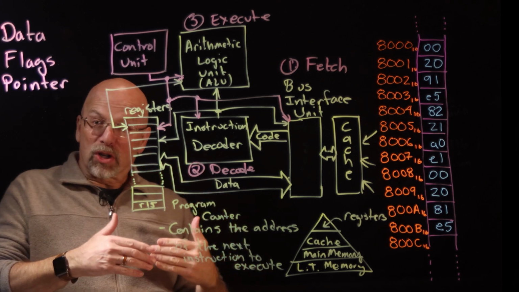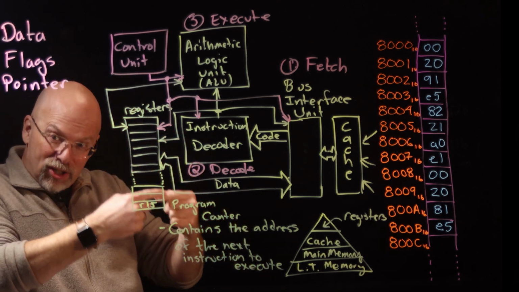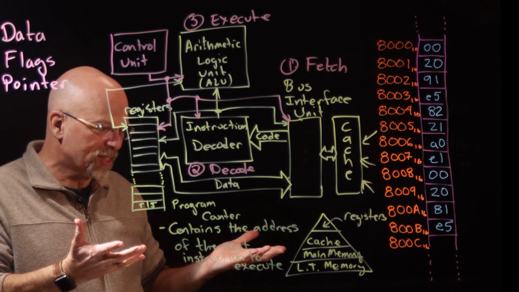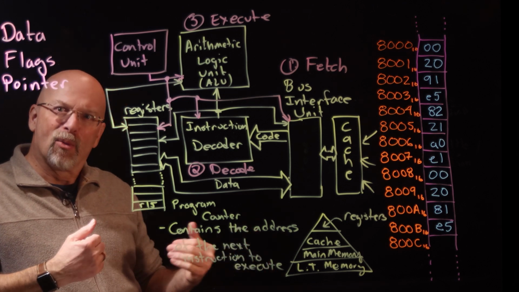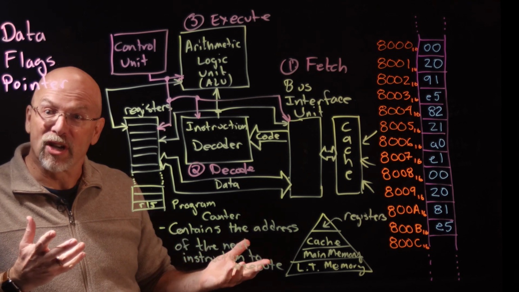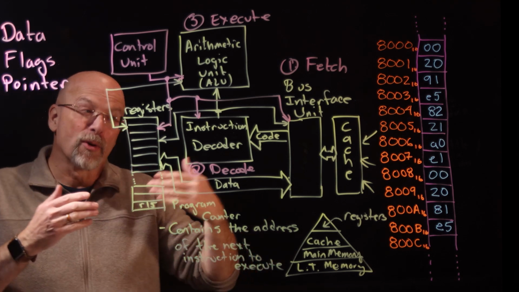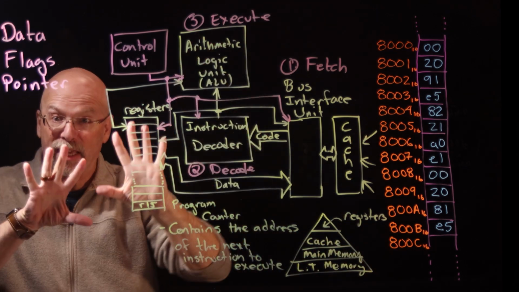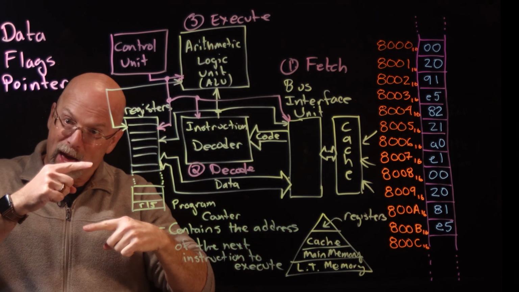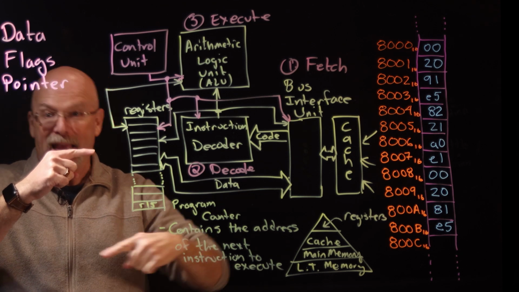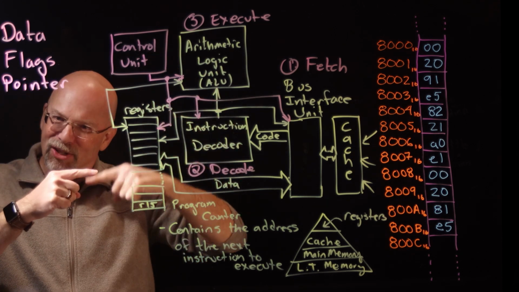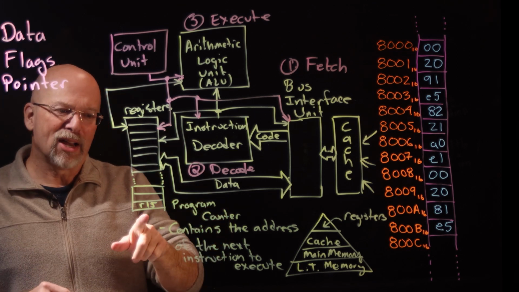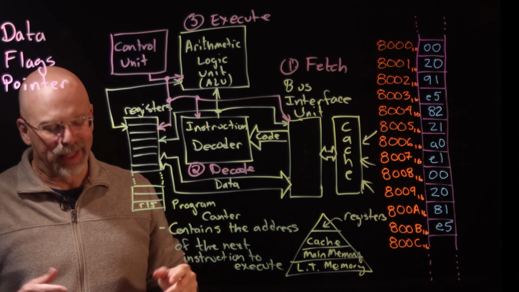Now, this works really well if all the instructions are one right after the other. Sometimes, however, we have something called a branch, a jump, something that takes us from one part of our code and jumps over instructions, or maybe even jumps back. Think about a loop. When you get to the bottom of the loop, if you need to execute the loop again, you go back up to the top, and so you have to do that jump or that branch. How do we do a branch? It's real easy.